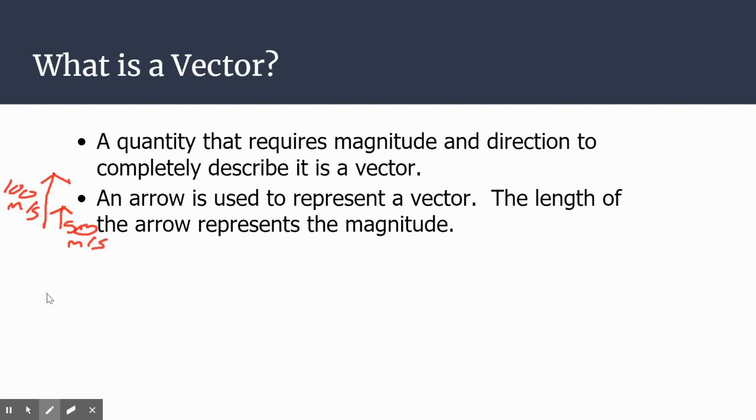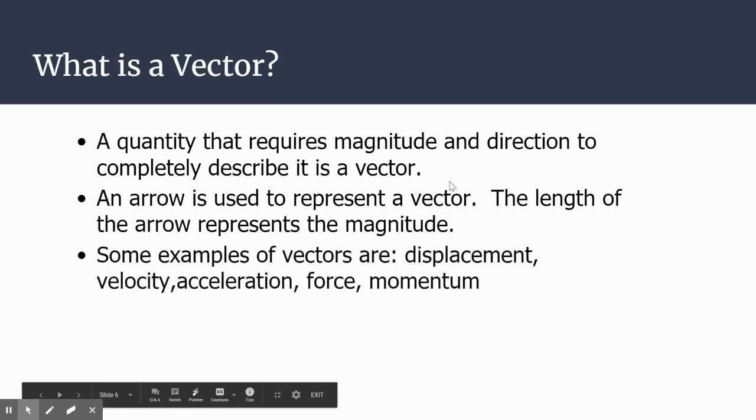Sorry, that's a little illegible. The pen's acting up a little bit, but those are examples of a vector, and they would be traveling north, or you can say upwards. So the length of the arrow represents the magnitude, and a vector is represented by an arrow. So we'll get that out of the way. We'll keep talking about vectors.